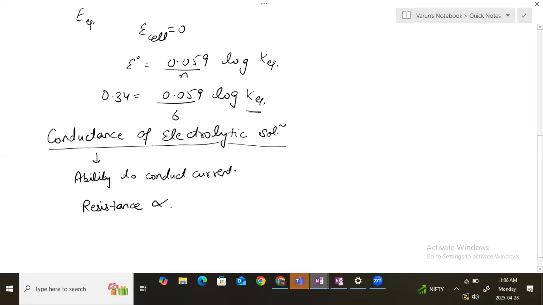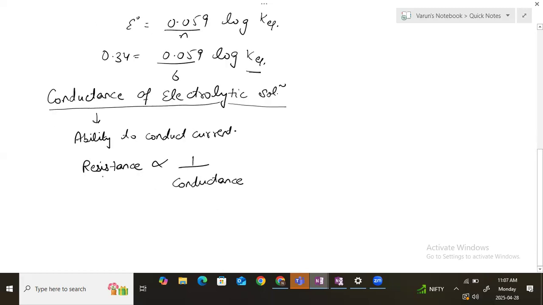So what is resistance basically? It is the opposition to current flow in any electrical circuit. Can I write this?